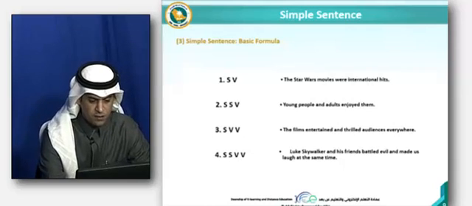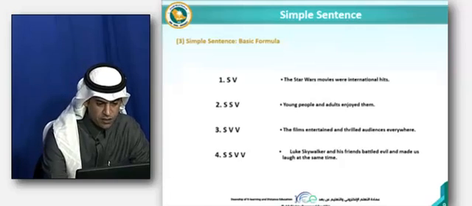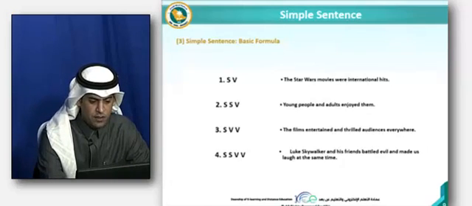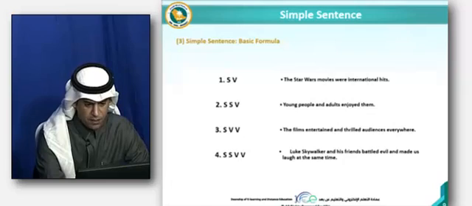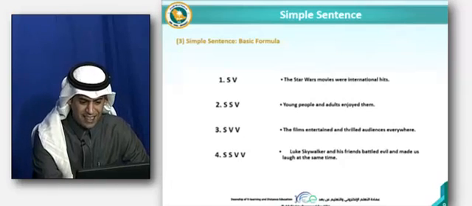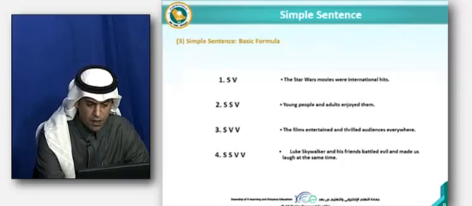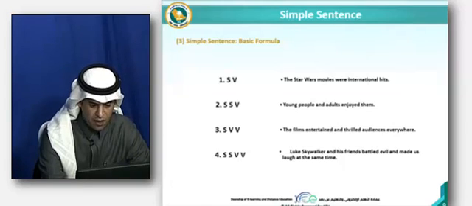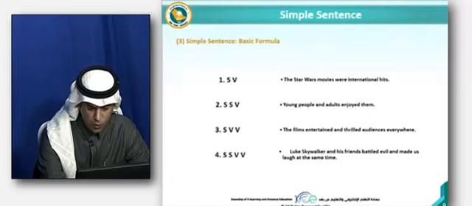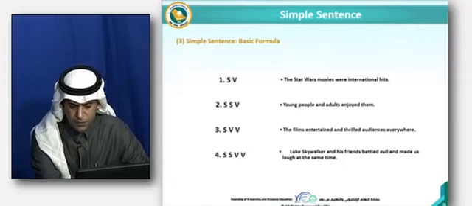Now let's move on to the third possibility, where we have just one subject and two verbs: The films entertained and thrilled audiences everywhere. The films is the subject, and we have entertained, the first verb, and thrilled, the second verb, and both are joined by the word and. And the last possibility we have here is two subjects and two verbs: Luke Skywalker and his friends battled evil and made us cheer. Luke Skywalker is the first subject, and the second subject is his friends.